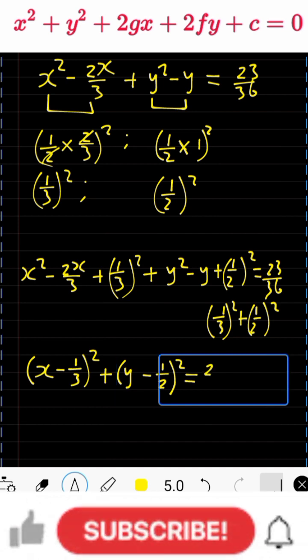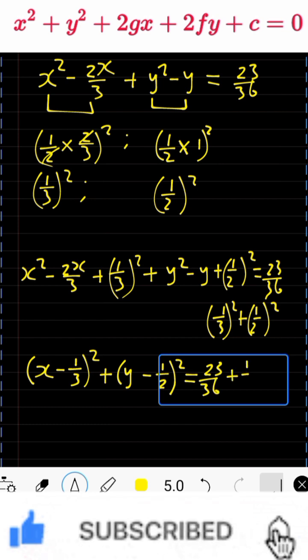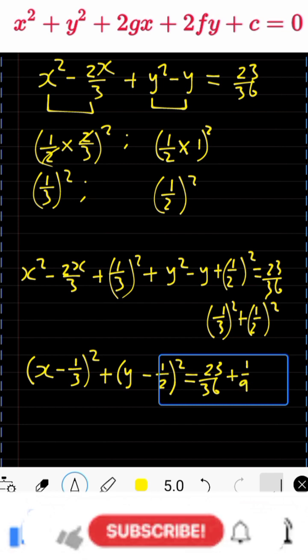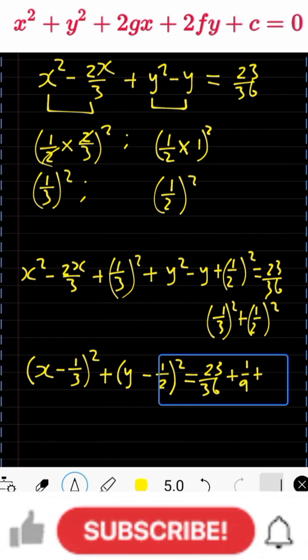So we have 23 over 36 plus 1 squared is 1 over 3 squared is 9, then plus 1 squared is 1 over 2 squared is 4.